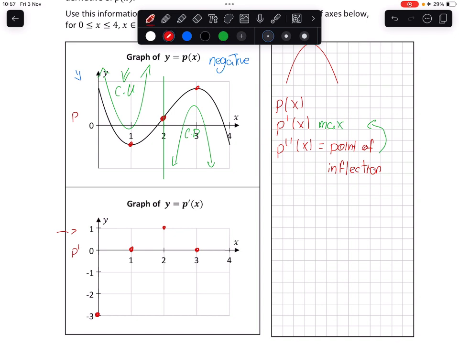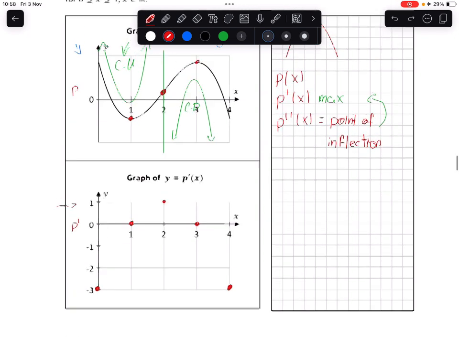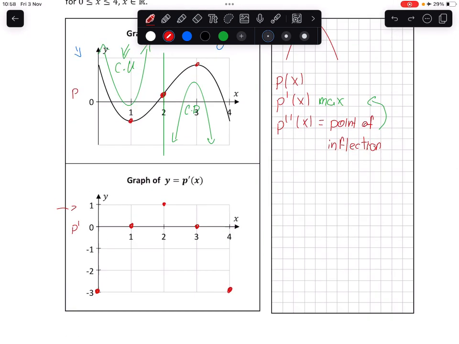Finally, because this goes through the points 1, 2, and 3, given that this is going to be the maximum value, we now know that 1 has to be, as it says in the question, the greatest value, and it's also going to occur at the point of inflection. Again, if we drop the point of inflection down to this graph, we get it right here. So it happens at the point 2.